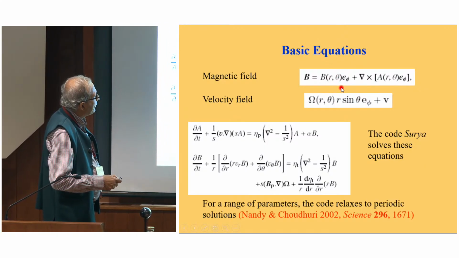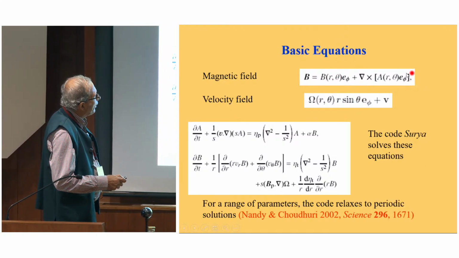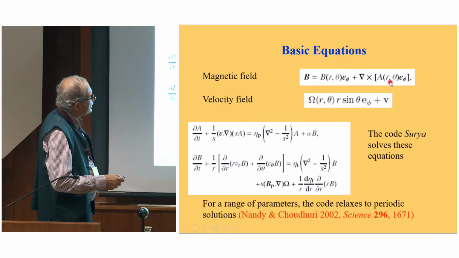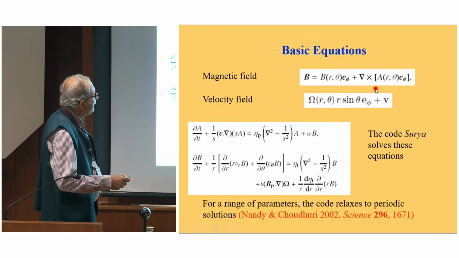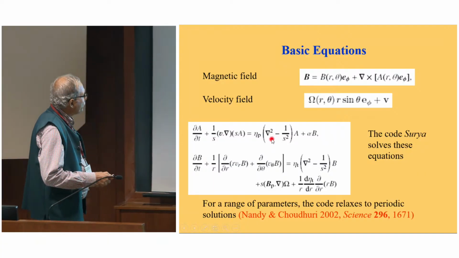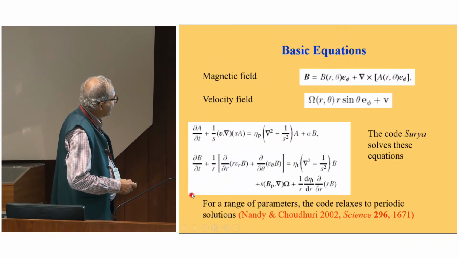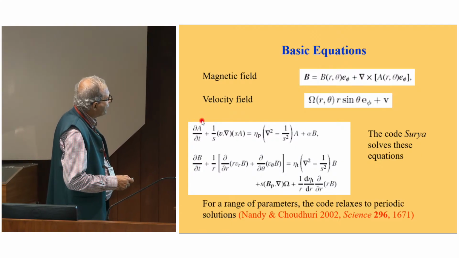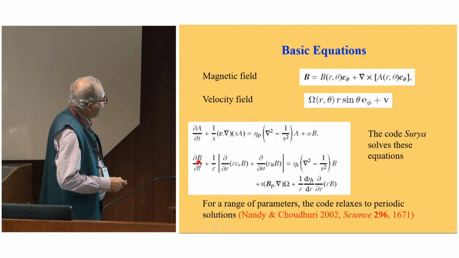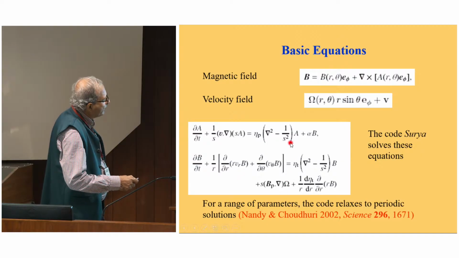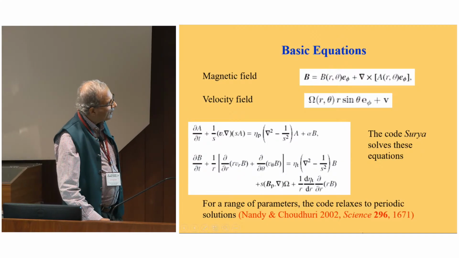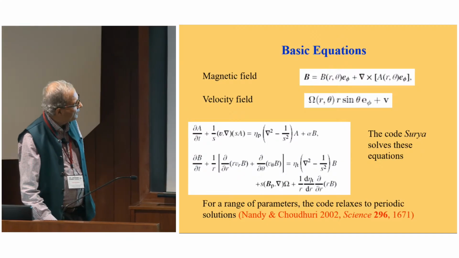This is the toroidal component, and the poloidal component of the magnetic field comes from the scalar function A, and then you can show from your basic MHD equation that there should be this time evolution equation for the poloidal field and the toroidal field, which are like a pair of coupled partial differential equations.